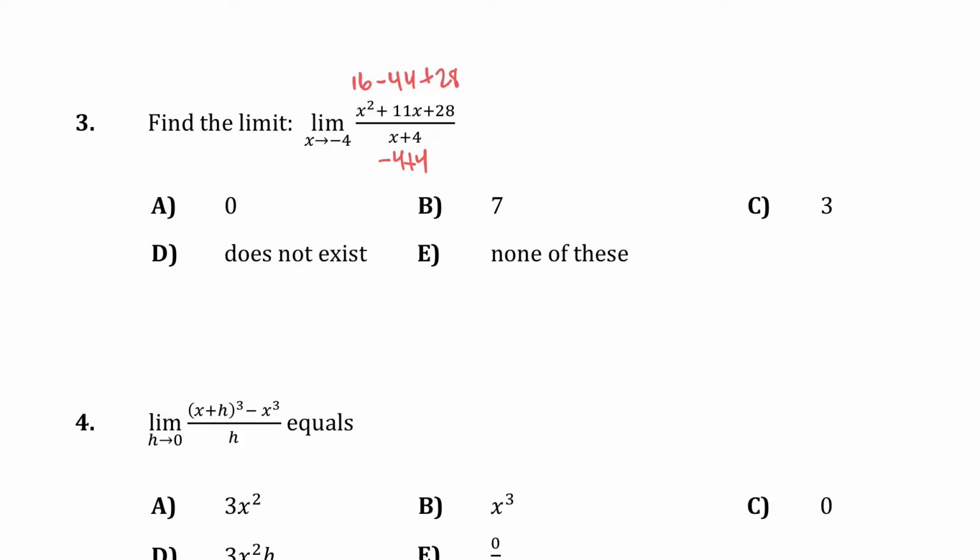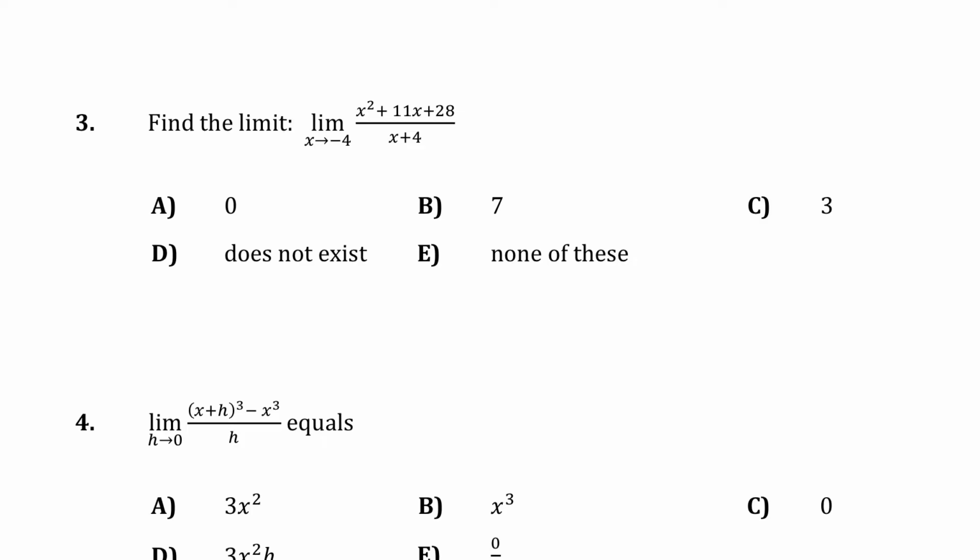I guess there's 2 ways to do this one. Since we have 0 over 0, we can use L'Hopital's rule where we take the derivative. That might be easier. I don't know what's easier. I'll finish that, and then there's another method. With L'Hopital's rule, we take the derivative of the numerator and the derivative of the denominator.